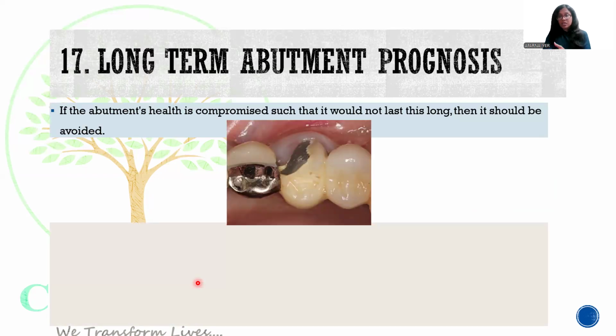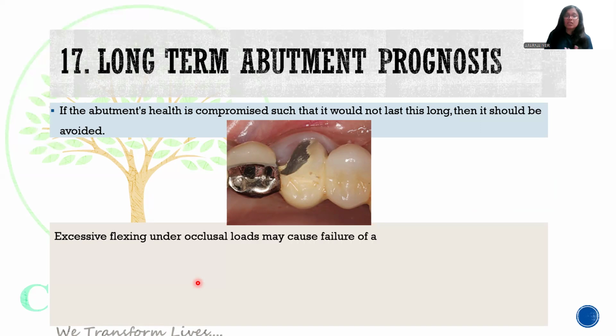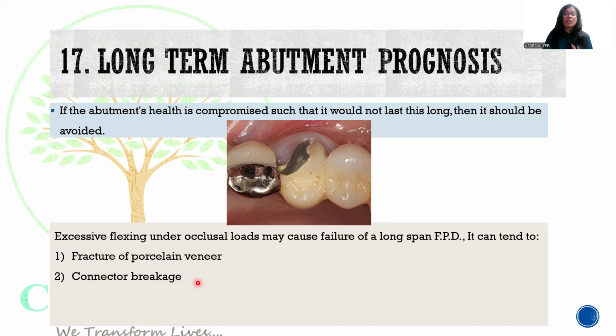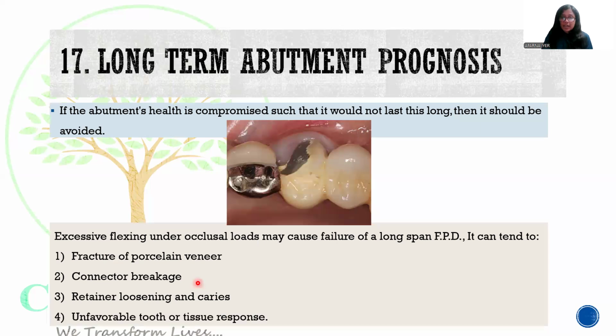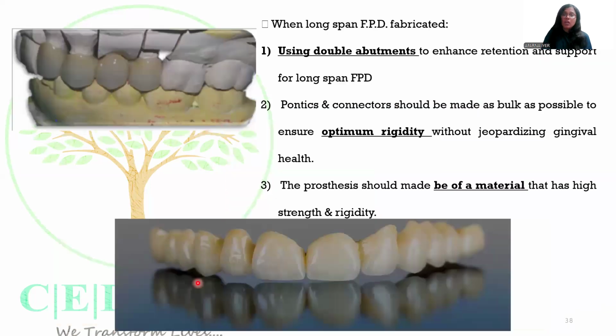Now, if you are considering giving a long span prosthesis, what can you expect? You have to explain to the patient that the connectors might break, the ceramic might fracture, and also that if the abutment health is already compromised, definitely there is a chance that the FPD might not last long, and there might be secondary caries or periodontal issues in the future.